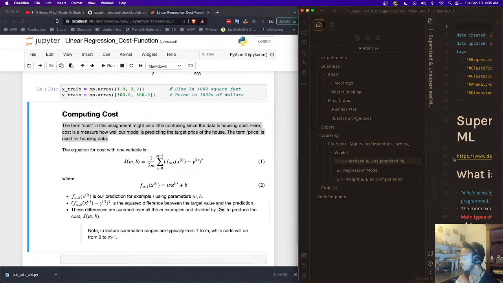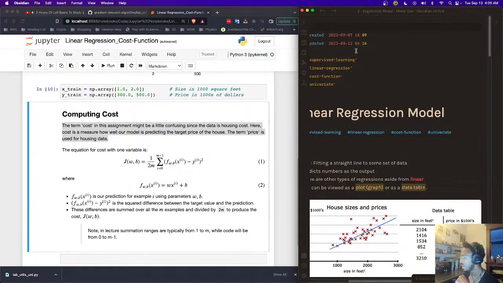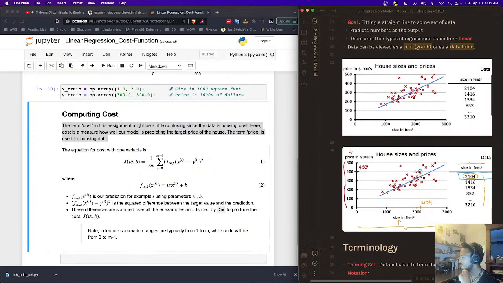The cost function is basically a summation of the differences between the regression line and all of the scatter points in the training set. So for every XY coordinate that falls along the regression line, that is coordinated with the XY coordinate of a plot point here.